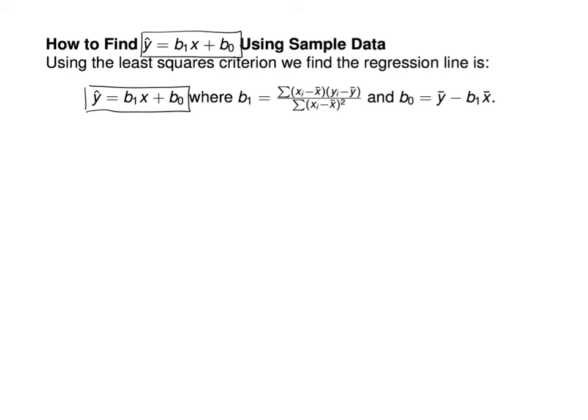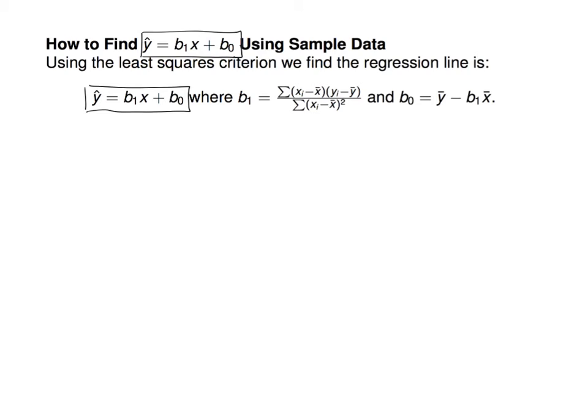All right, so here is what y hat is. Y hat is beta 1 x plus beta naught, where beta 1 is found by doing the sum of xi minus x bar times yi minus y bar over the sum of xi minus x bar squared. And this is for all the things in your data set.